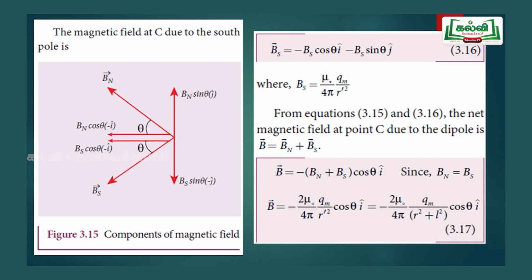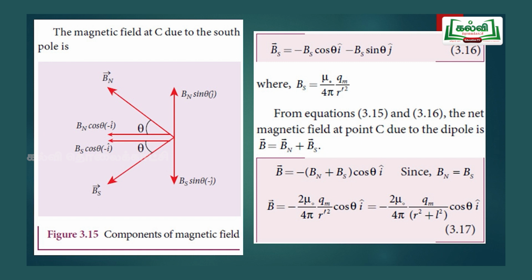Now the sin theta components will cancel each other since they are equal. As we have seen, both the equations are one and the same. These two will cancel each other because they are equal and opposite. Then we will have the cos theta components only.